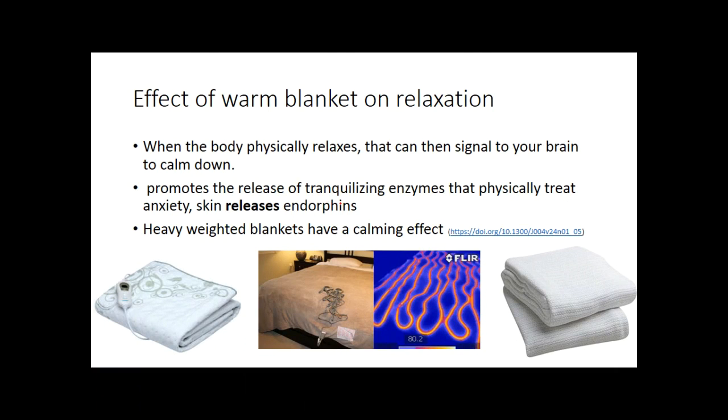If you don't have a warming blanket, you can use a heavy-weighted blanket. Any blanket which weighs more than 7 kg, up to 15 kg. For example, this is the type that we sometimes have in the hospital. This will have a calming effect also.